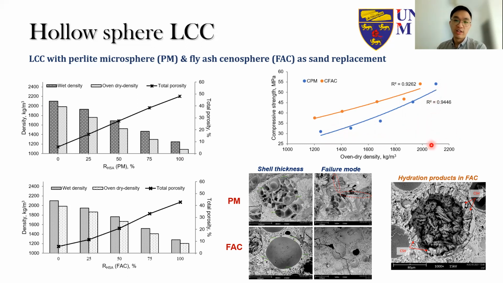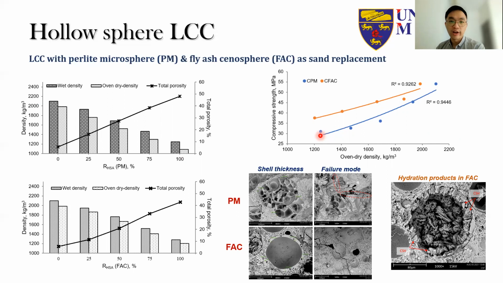The density is actually reduced by around half of it, from 2,100 to about 1,200 kg per cubic meter. But we can see that the compressive strength is still fairly good, even at its lowest density of around 1,300 kg per cubic meter.